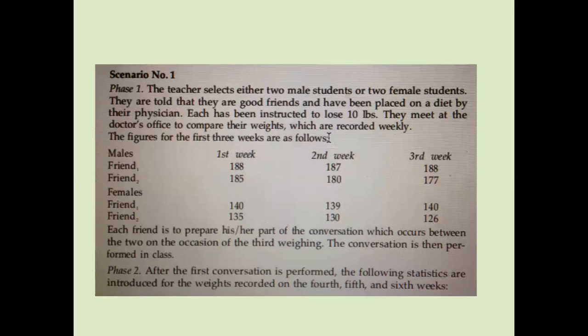It says instructed, but come on, it's a doctor, so they should just advise you. So what the scenario would be is them meeting in the doctor's office to compare their weights, and they have to record it weekly. Hopefully, I think this would generate a lot of conversation and vocabulary.